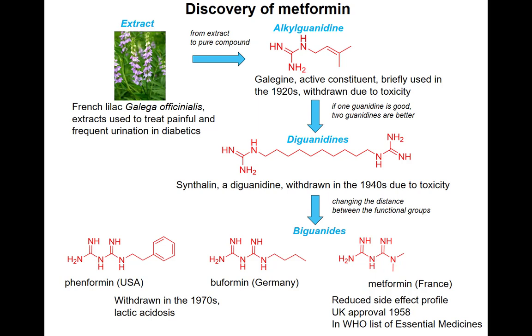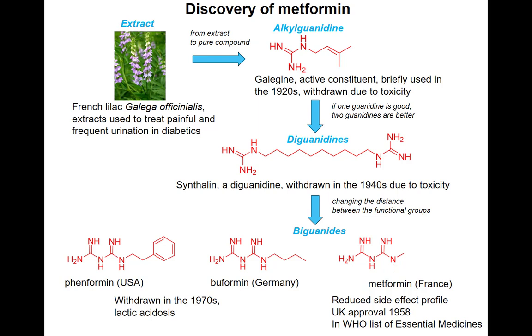One of these that turned out to be quite successful in the context of metformin was the fact that the molecule only contains one functional group, the guanidine. The idea was that if one guanidine is good for the drug-like properties of this molecule, then maybe two guanidines is even better.